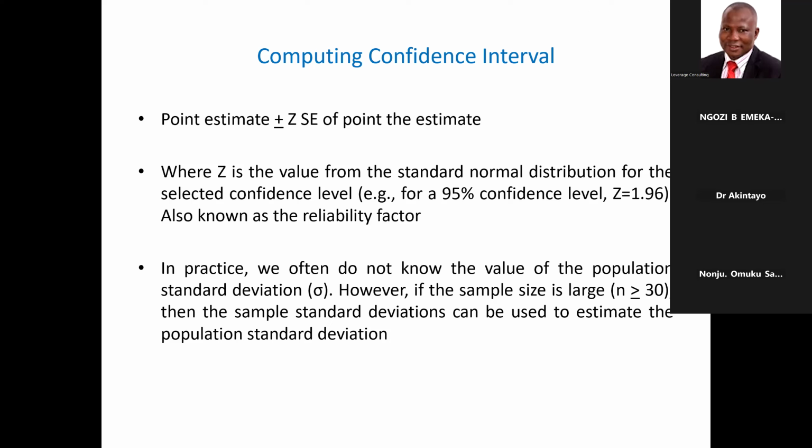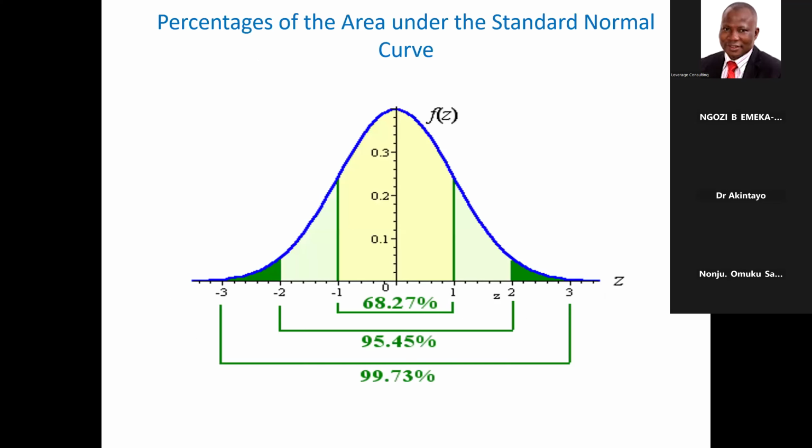In practice, we often do not know the value of the population standard deviation, sigma. However, if the sample size is large, greater than or equal to 30, then the sample standard deviation can be used to estimate the population standard deviation. You are familiar with this graph from when we talked about normal distribution and probability.